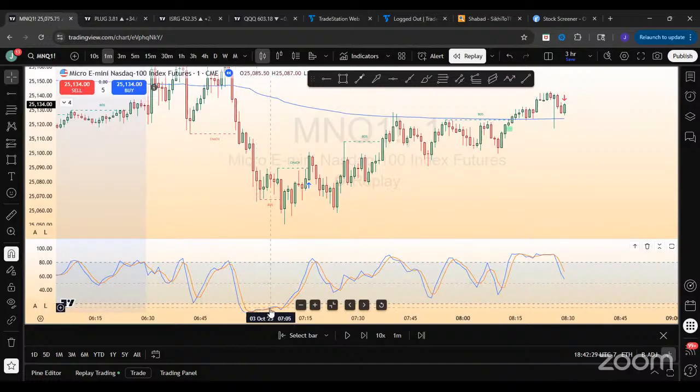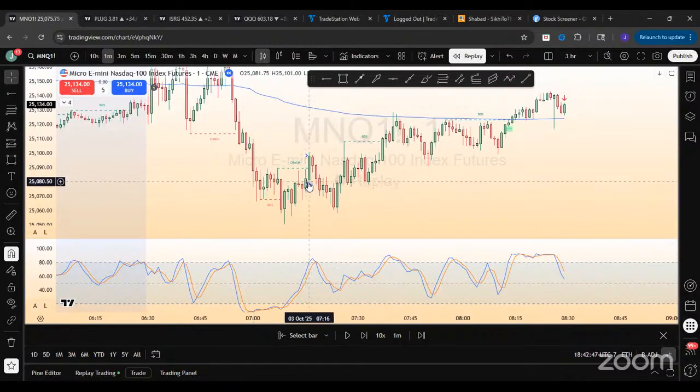And when it goes into oversold, it says the chances of going higher are higher. We can see it comes into the oversold, shows below 20, and from there, like I said, the chances of going higher are more, and then the price does go higher.